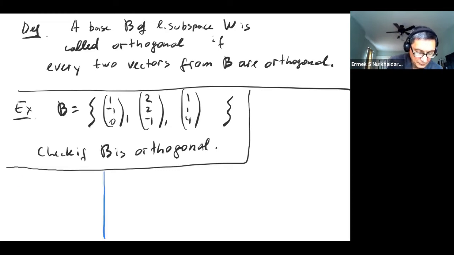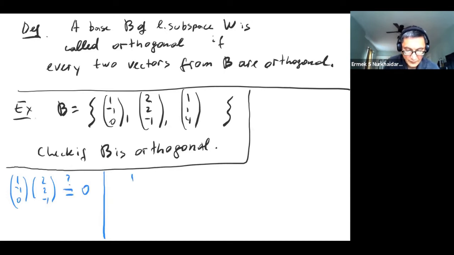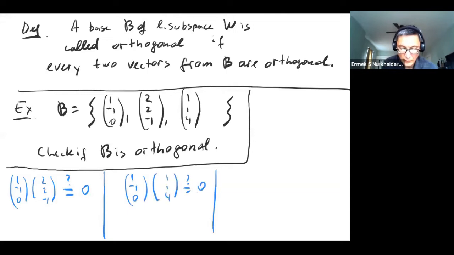First times second, if that equals 0. First times third, if that's going to be equal to 0. And the last pair is second and third.